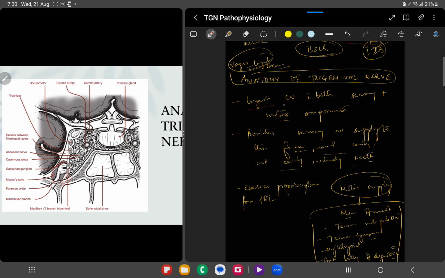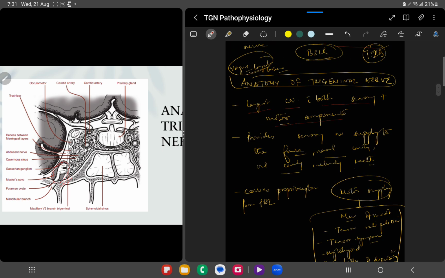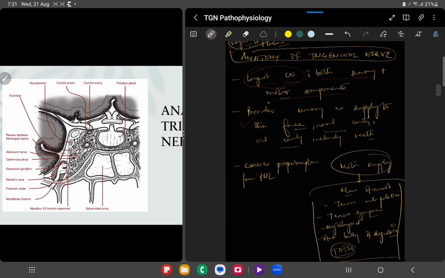It is the largest cranial nerve with both sensory and motor components. Vagus is the longest nerve, whereas trigeminal is the largest cranial nerve. It provides both sensory and motor supply. The sensory branches go to the face, nasal cavity, oral cavity, including the teeth.